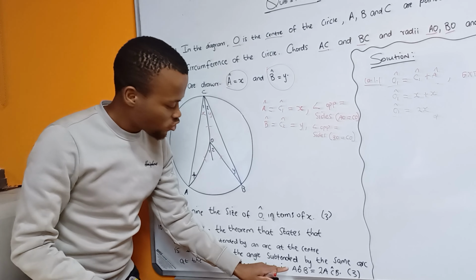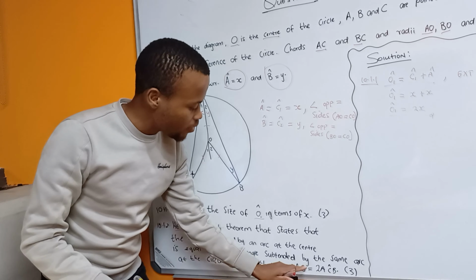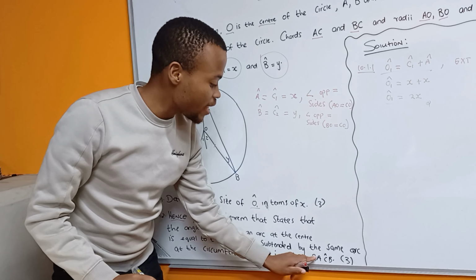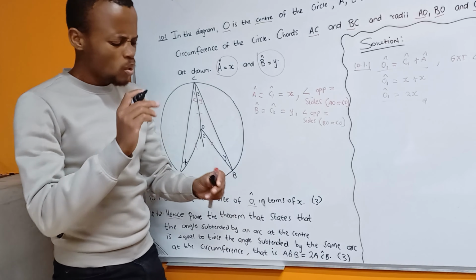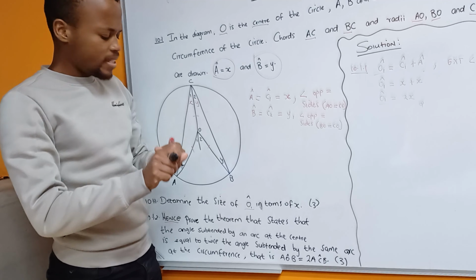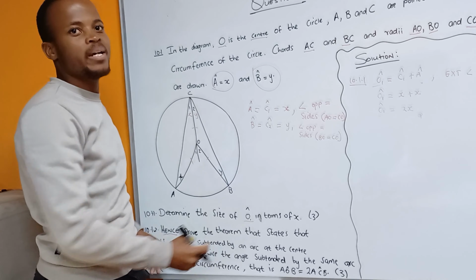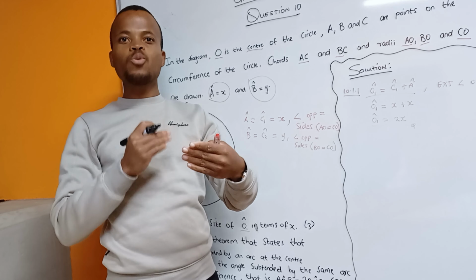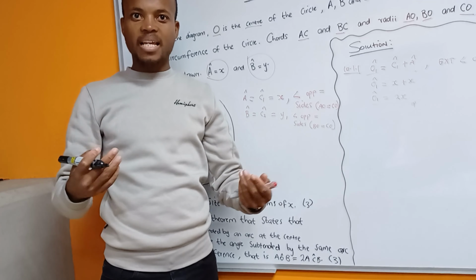That is, angle AOB is equal to 2 times angle ACB. I will just summarize this theorem: an angle at the center is 2 times an angle at the circumference.